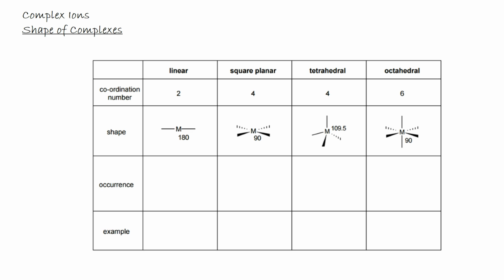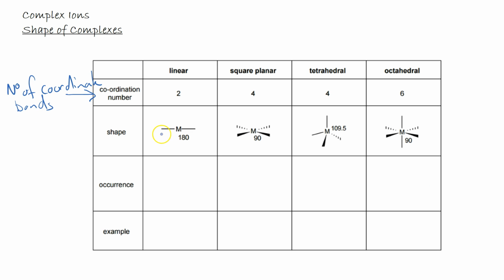To move on to the shape of complexes, there are 4 key shapes that we need to be aware of. This table here indicates the linear, square planar, tetrahedral and octahedral shapes, and indicates the coordination number. Remember, this coordination number is the number of coordinate bonds that are formed.